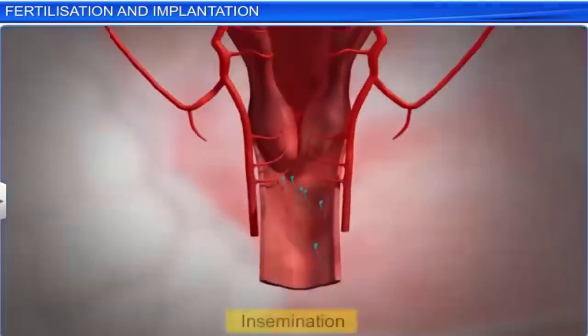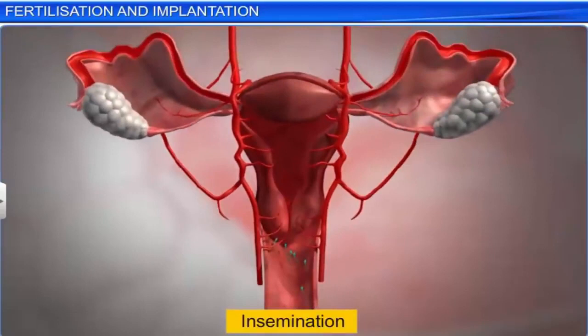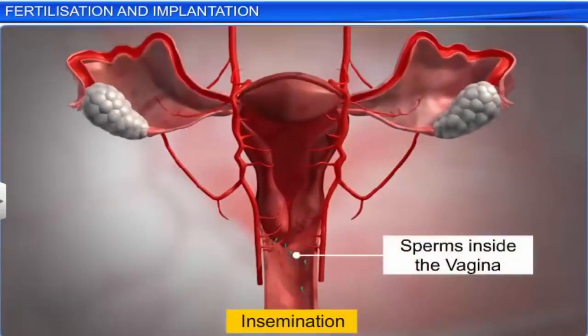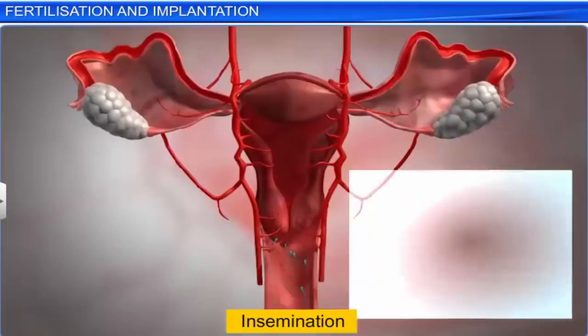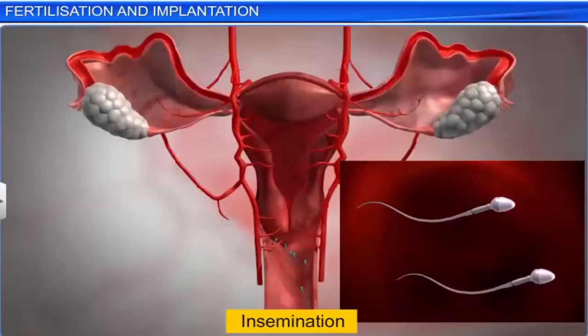This is achieved through insemination, where the penis releases semen filled with thousands of sperms into the vagina. Interestingly, while half of the total sperms released carry the X chromosome, the other half contain the Y chromosome.